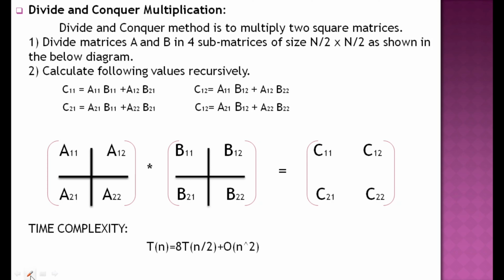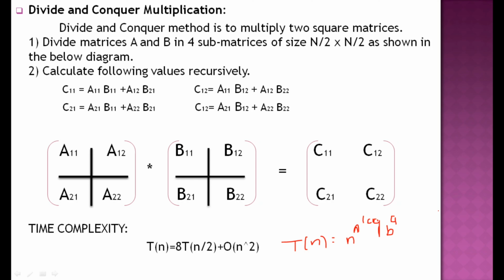So for calculating the time complexity of this divide and conquer multiplication, we use Master's theorem. By Master's theorem, we can find the time complexity for this matrix multiplication. T of n is equal to n to the power of log a to the base b.